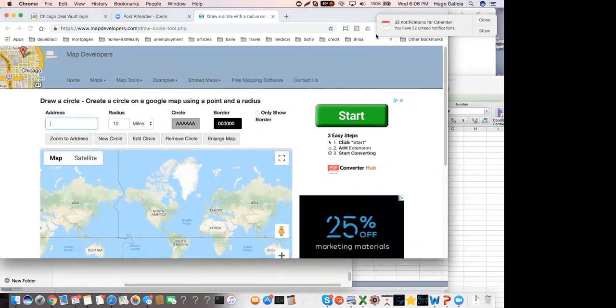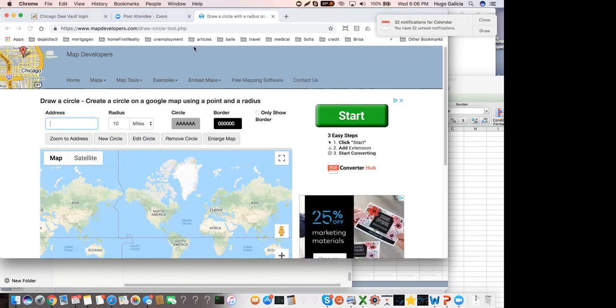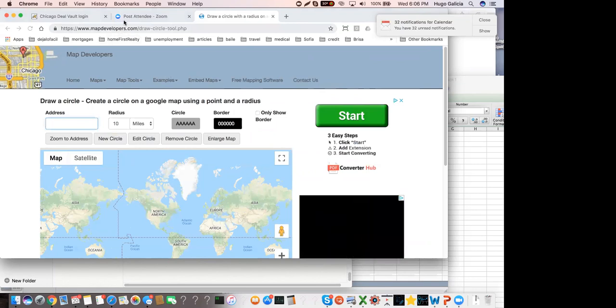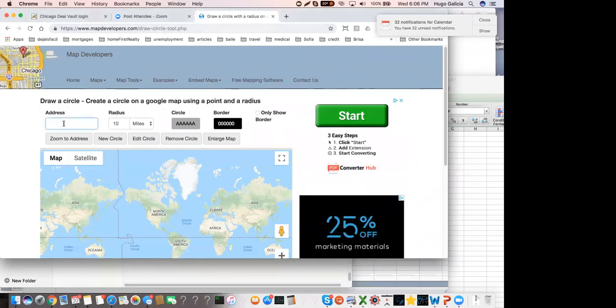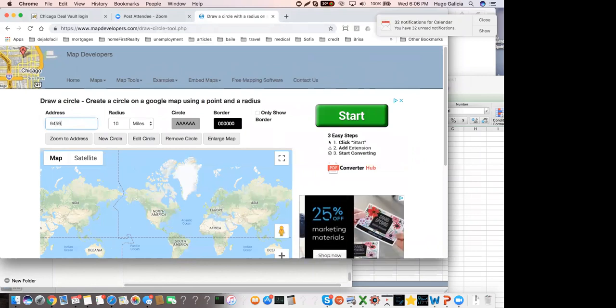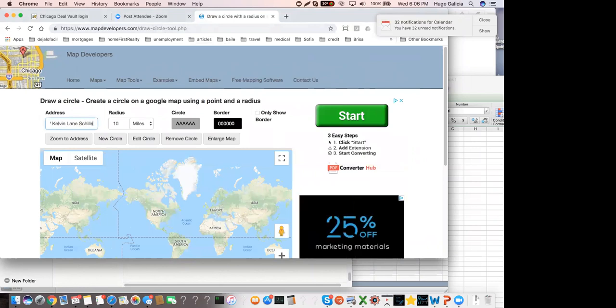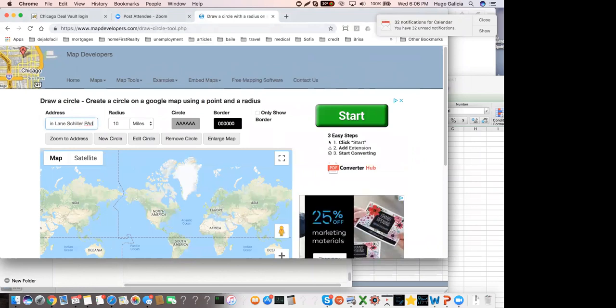Okay, so I see some comments in the chat. Perfect. Thank you for sharing the areas where you live. So I'm going to put a random address in here. I'm going to go ahead and do 9459 West Kelvin Lane, Schiller Park.